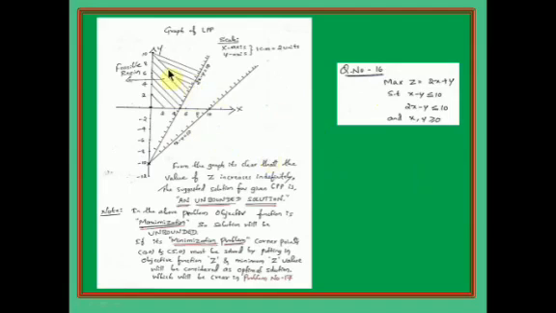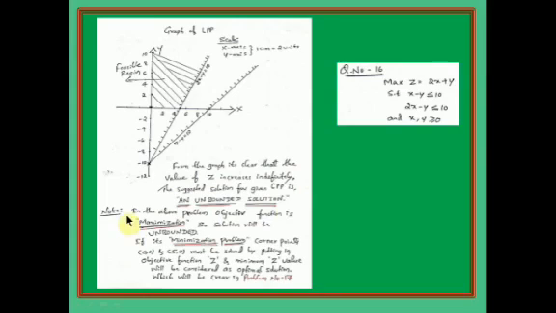Fine. So here Z is increasing indefinitely. That's why it is an unbounded solution. You can observe here the cursor. From the graph, it is clear that the value of Z increases indefinitely. Therefore, the solution for the given LPP is an unbounded solution.